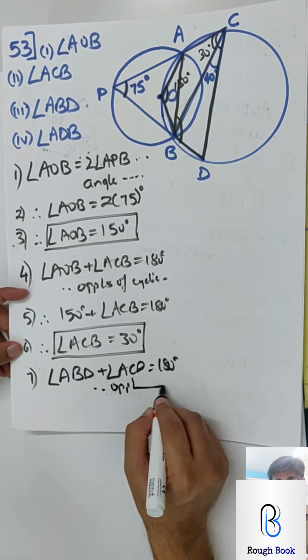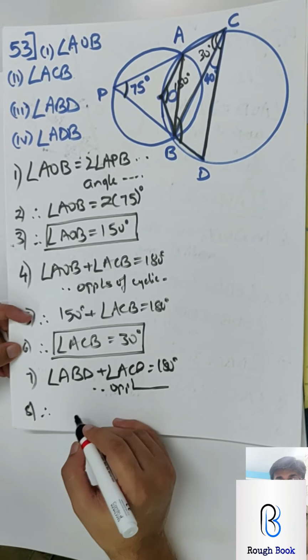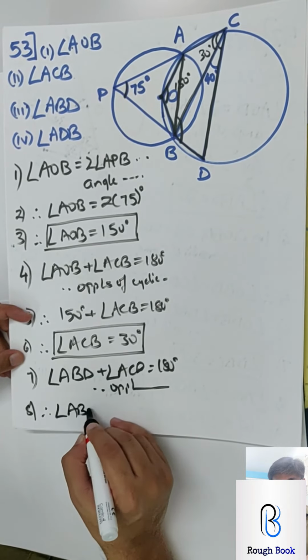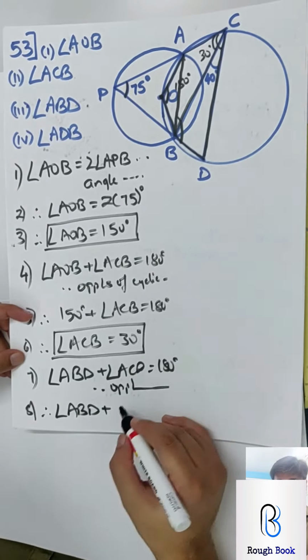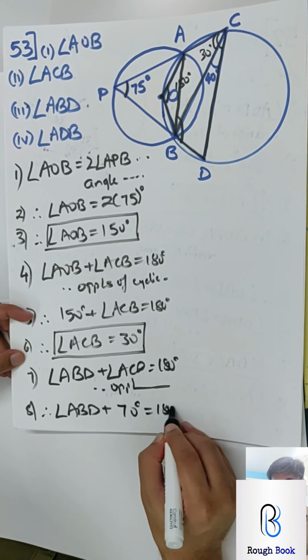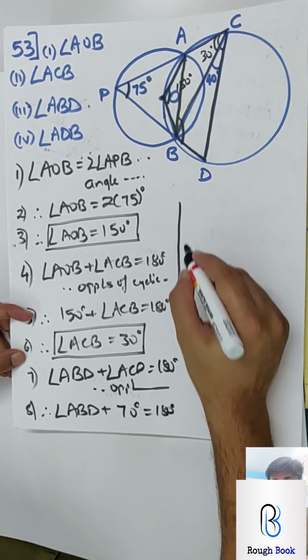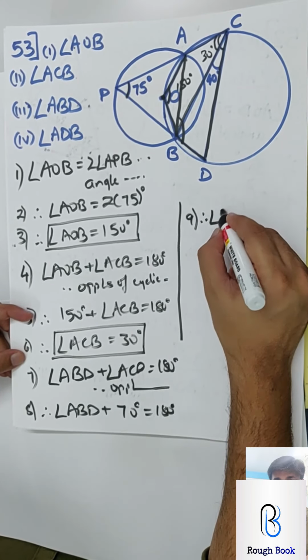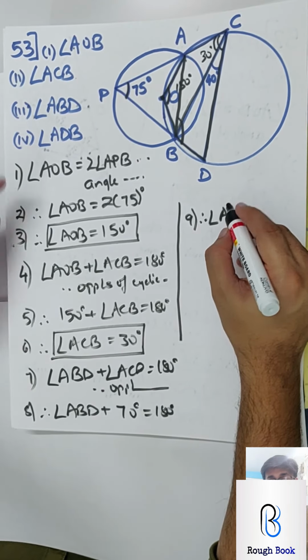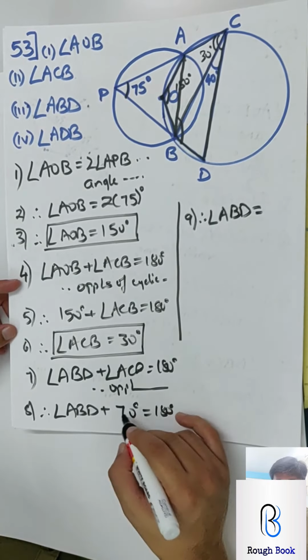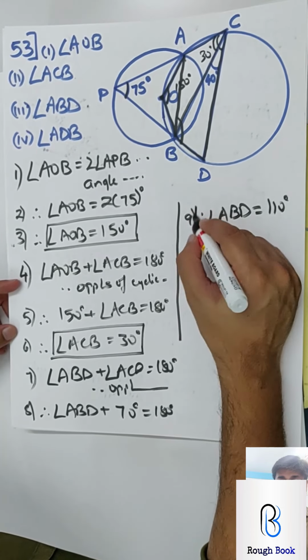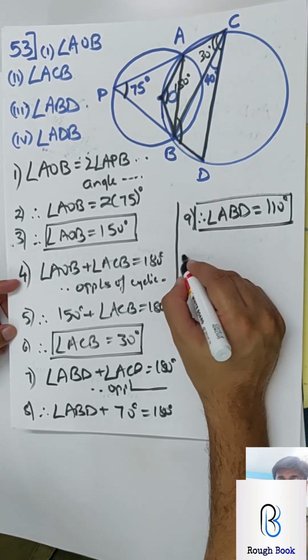Same reason, opposite angles of the cyclic quadrilateral. ABD we don't know, but ACD is 70. So finally I get my third part. Therefore angle ABD, that is what is being asked, is 180 minus 70, 110. So we got a third part.